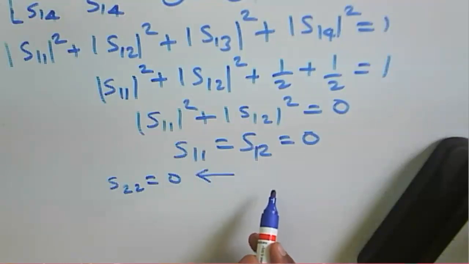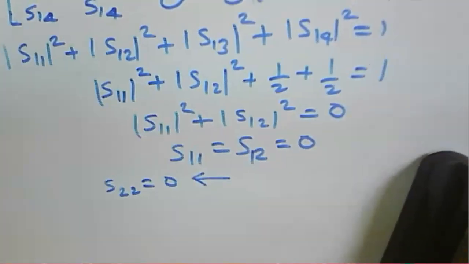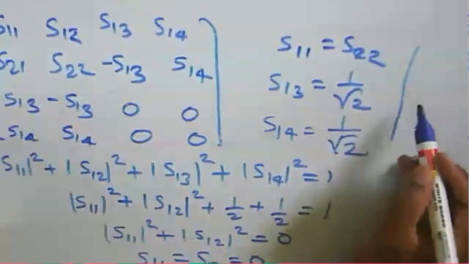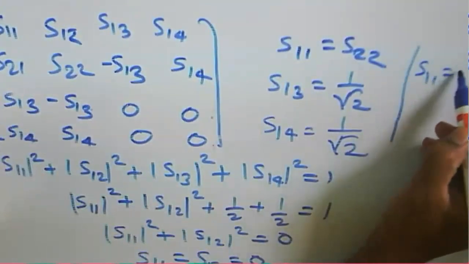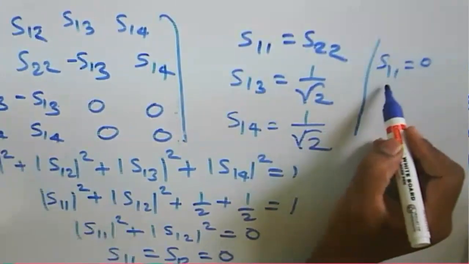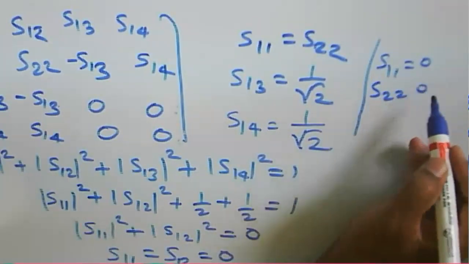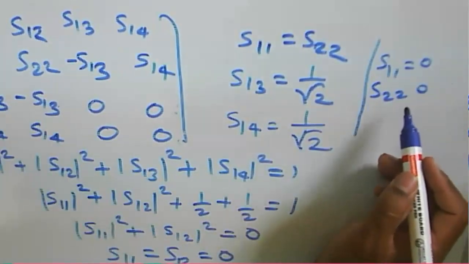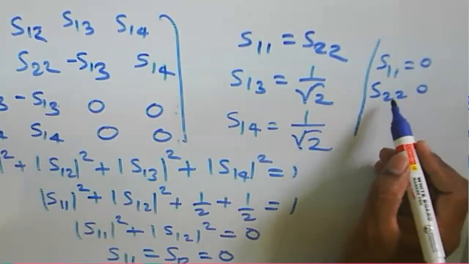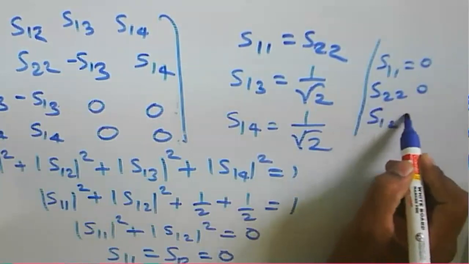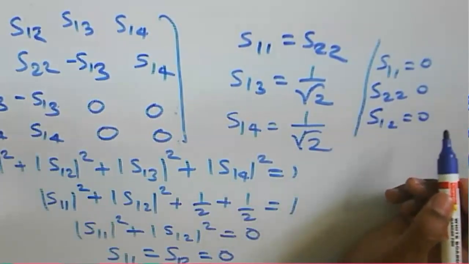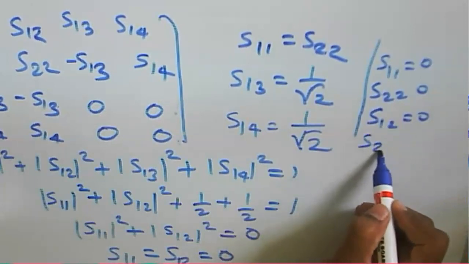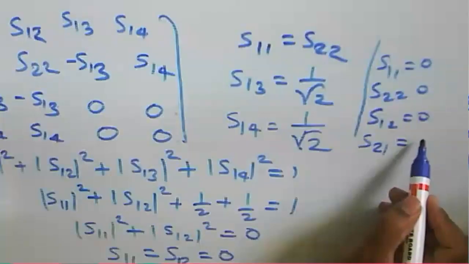So now what we are getting here: S11 is equal to 0, S22 is equal to 0, and S12 is equal to 0. And similarly using the property of symmetry, S21 is equal to 0.